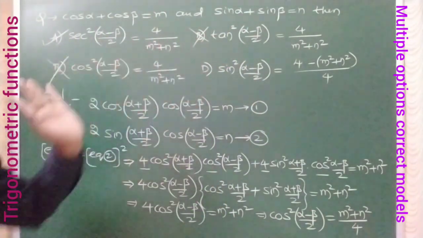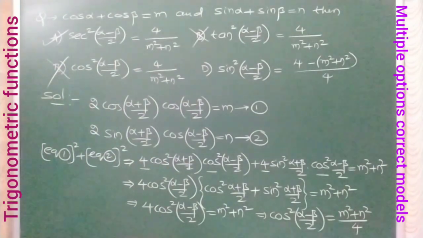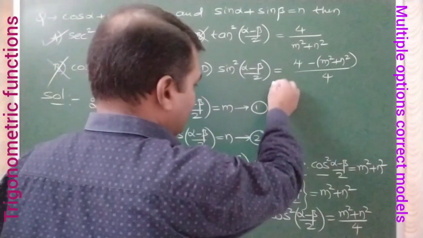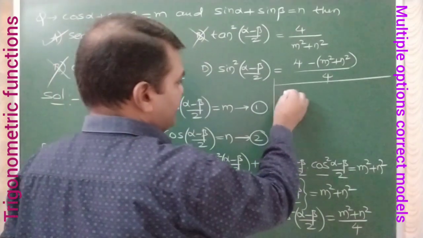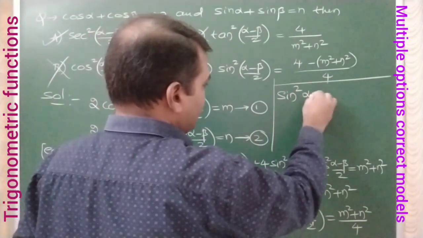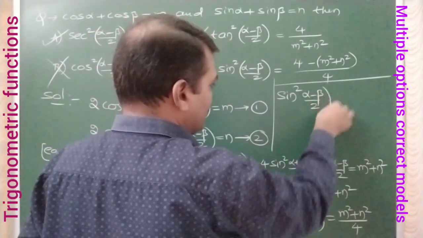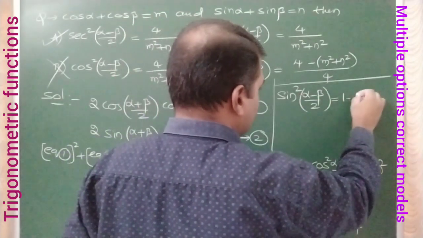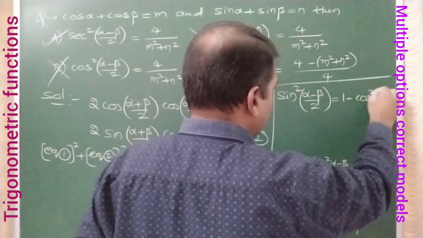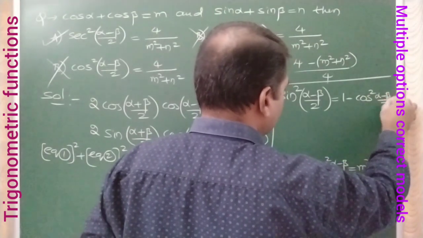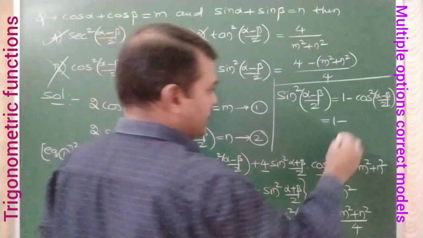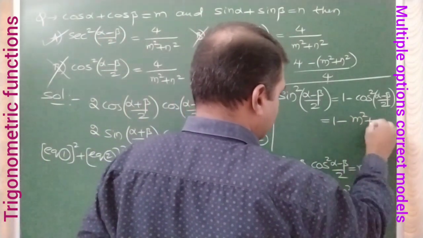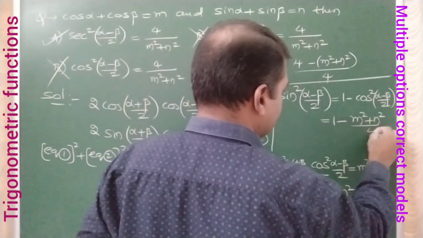Now only the fourth option is left which we have to check. To check the fourth option, you know that sin square can be written as 1 minus cos square. So I can write sin square (alpha minus beta)/2 as 1 minus cos square (alpha minus beta)/2, which means 1 minus (m square plus n square)/4.